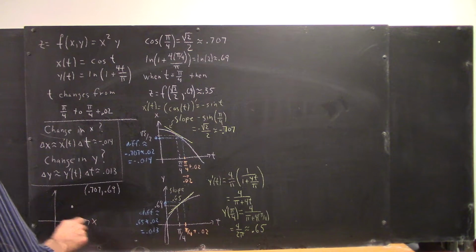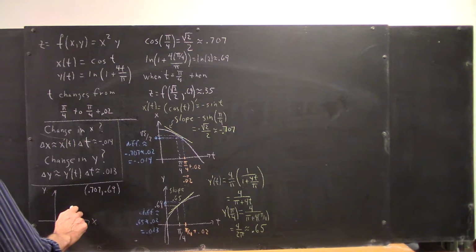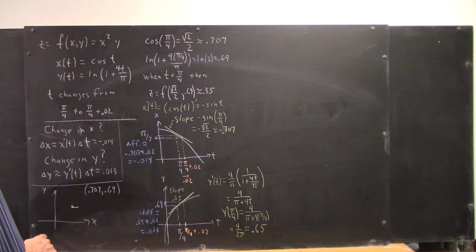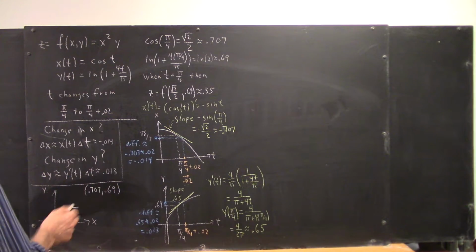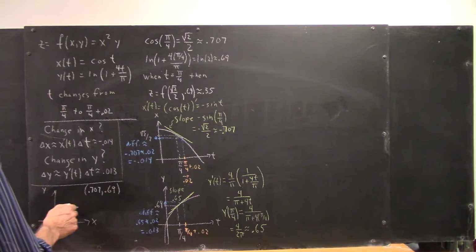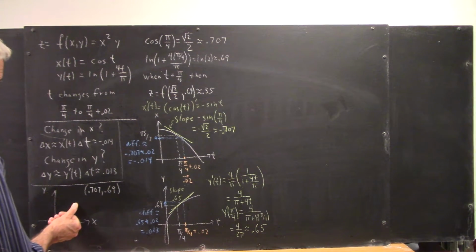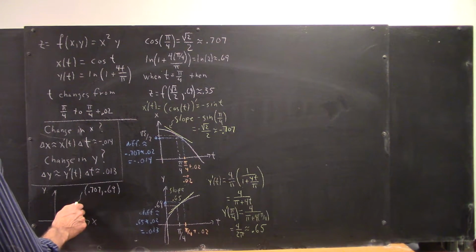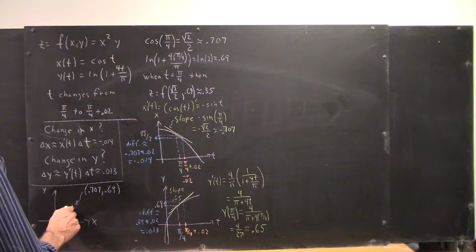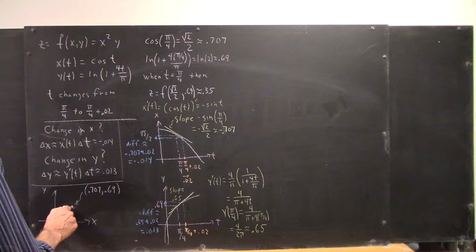Okay, now here's x, here's y. We're going to move in the x direction. How far are we going to move? We're going to move actually in the opposite direction. Let's fix that. We're going to move negative 0.014. So if this is our point, we're going to move in the x direction negative 0.014.